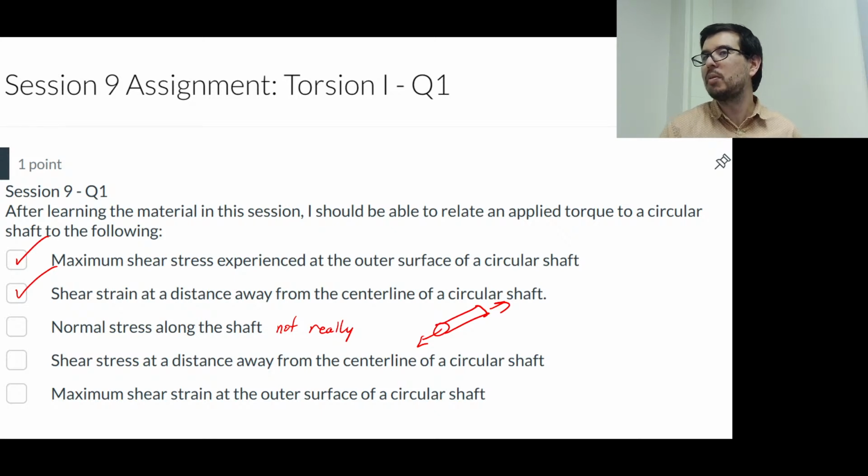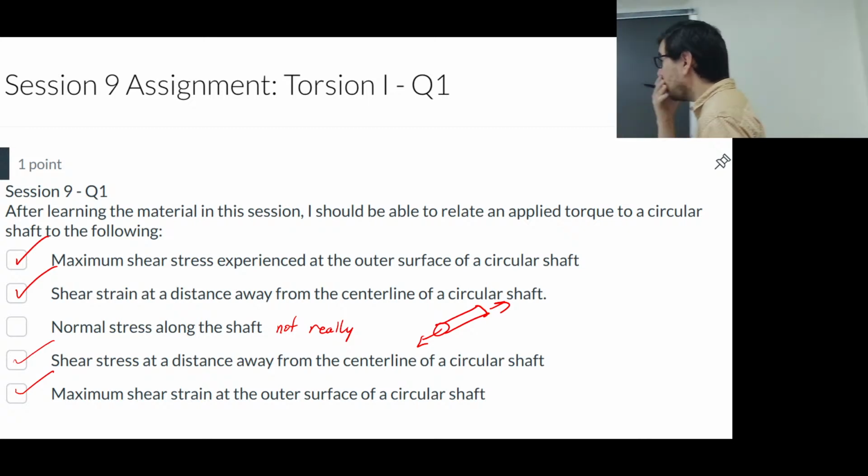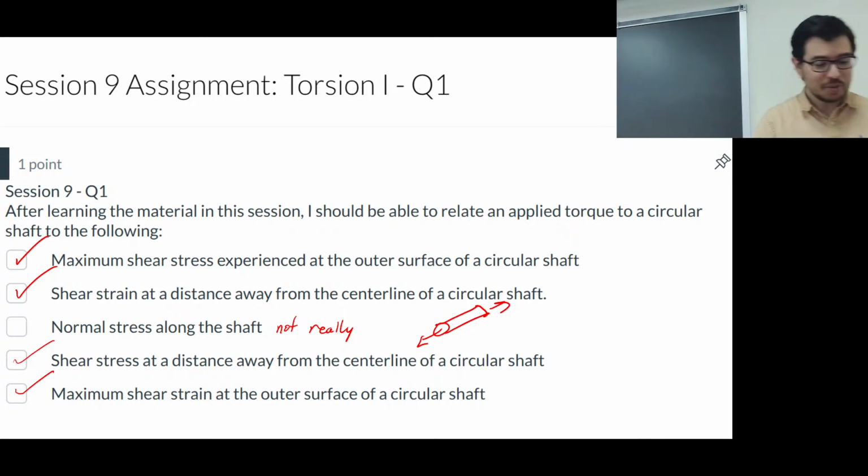But that's not really what we're talking about here. We should be able to talk about shear stress at a distance away from the center line of a circular shaft. We should also be able to think about a maximum shear strain at the outer surface of a circular shaft. Those are some of the things that we should cover in the next 20 minutes or so.